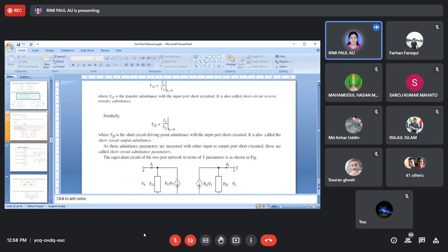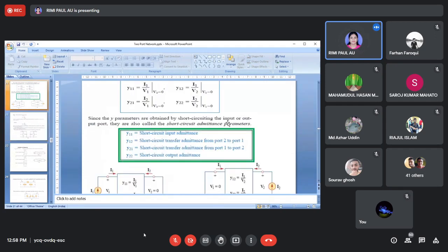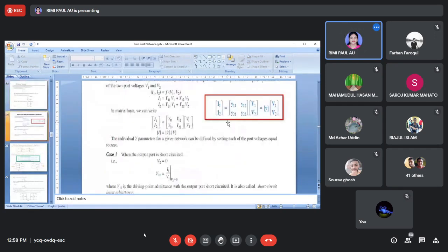So here you can see, if we write the equations, I1 is equal to y11 V1 plus y12 V2. Same thing, but what changes? In the impedance parameters this was V1, V2, and here I1, I2.